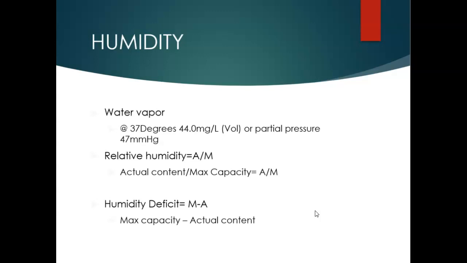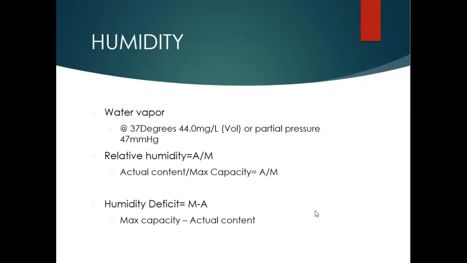So relative humidity is calculated by the actual content divided by the max capacity. The max capacity at 37 degrees would be that 44. So 100% relative humidity would mean that you have 44 milligrams per liter at 37 degrees Celsius, divided by the max capacity, which is 44, which gives you 1 or 100%.